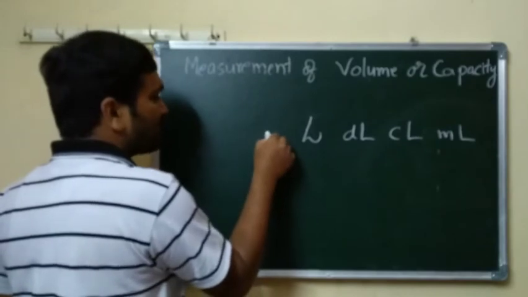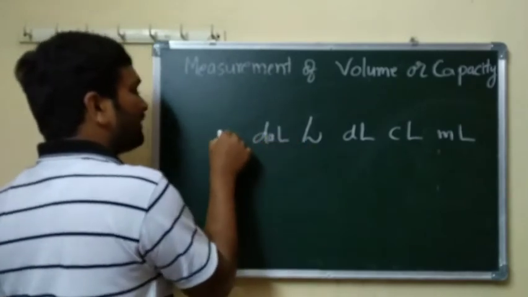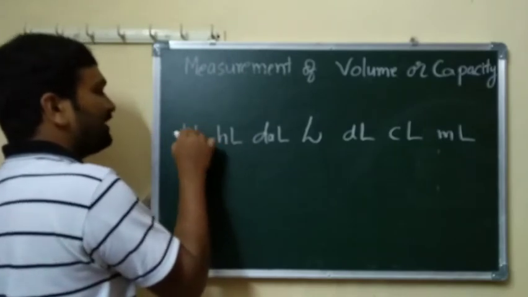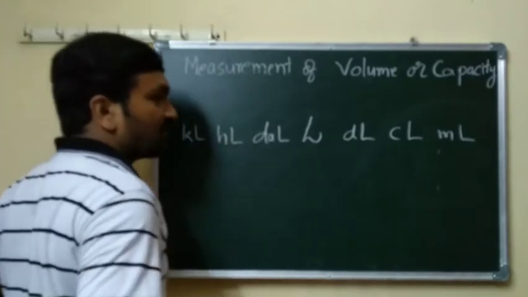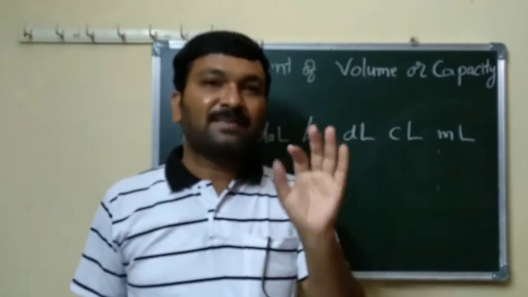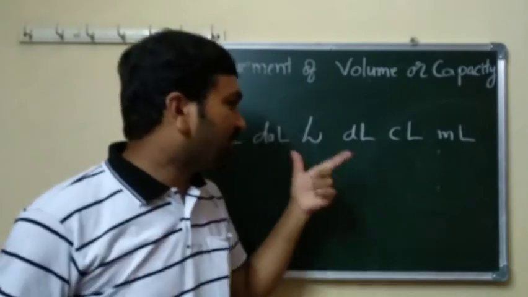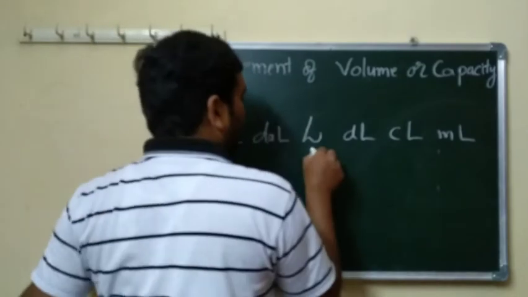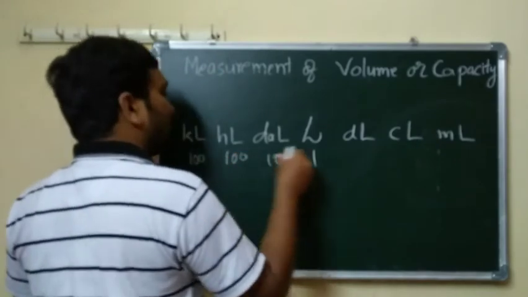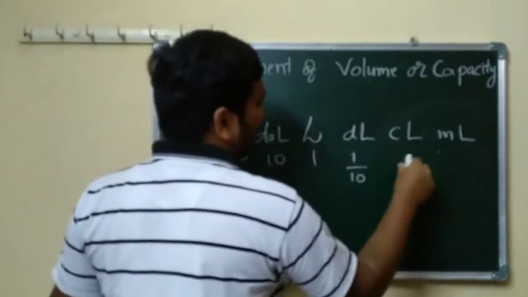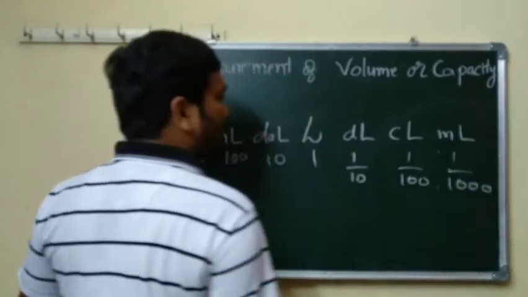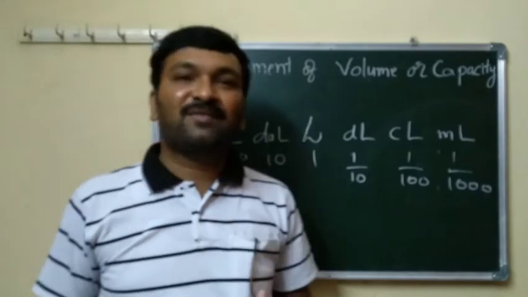This side, decaliter, hectoliter, kiloliter. One thing you want to remember: liter is always represented by a capital L. So this is 1 liter, this is 10 liter, this is 100 liter, this is 1000 liter, this is 1 by 10 liter, this is 1 by 100 liter, this is 1 by 1000 liter. I think you can remember it very easily.